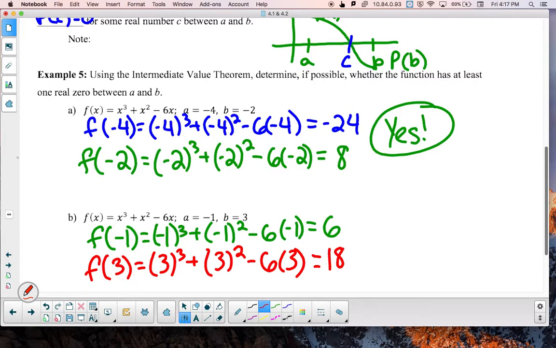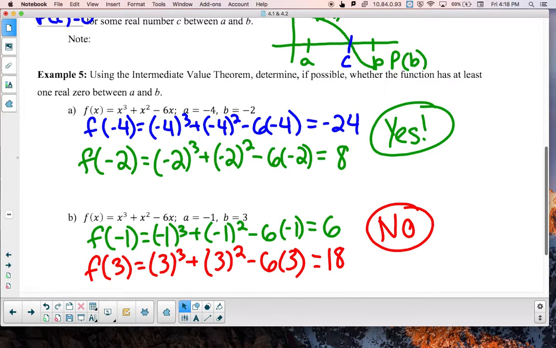Since they have the same sign, we do not have a real 0 between negative 1 and 3.